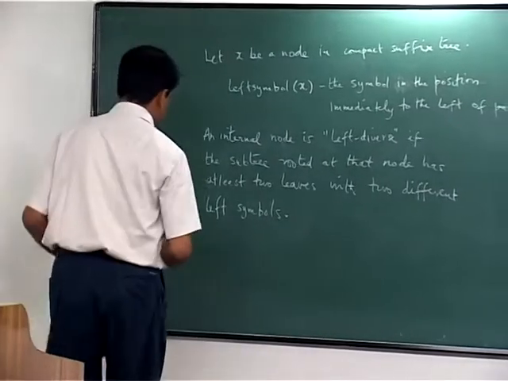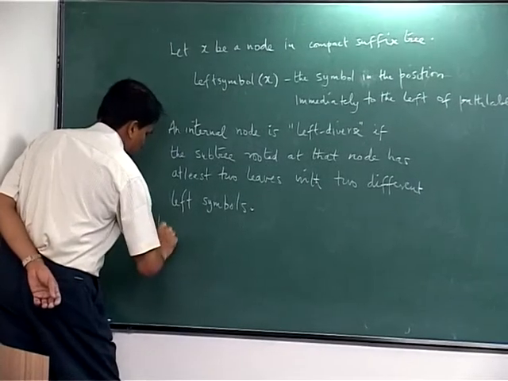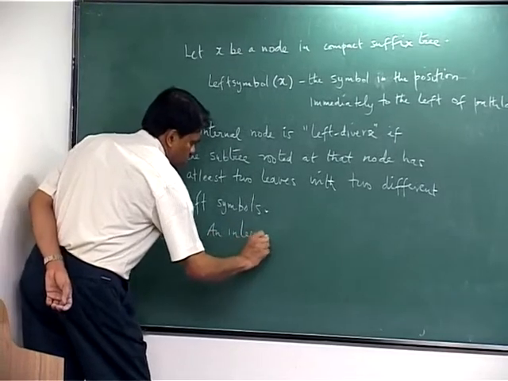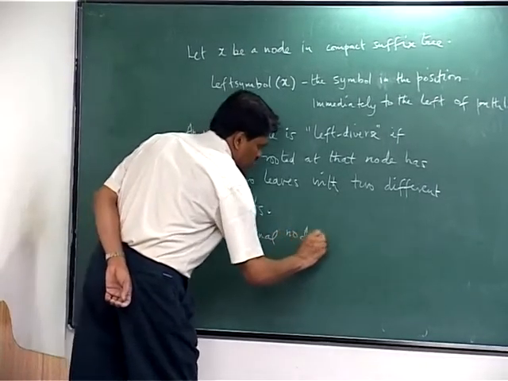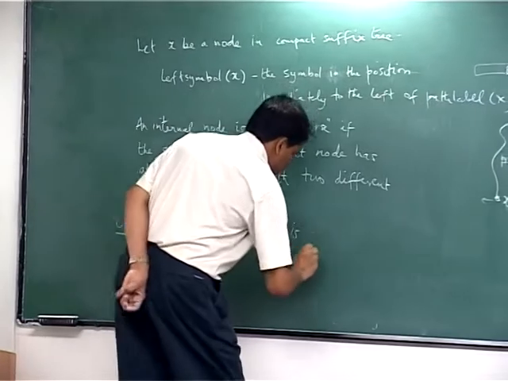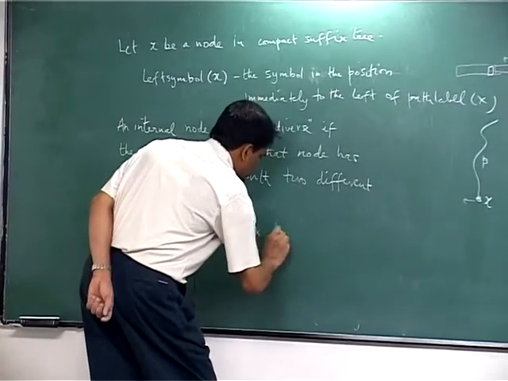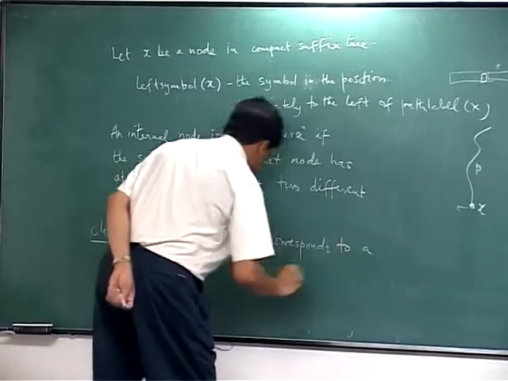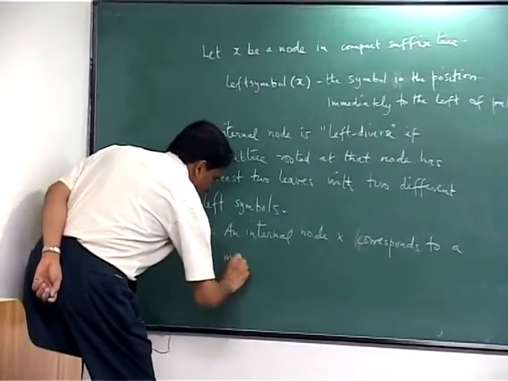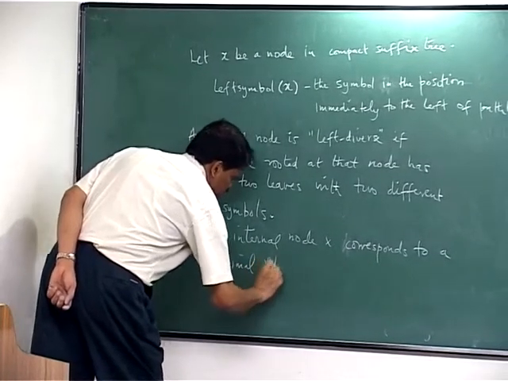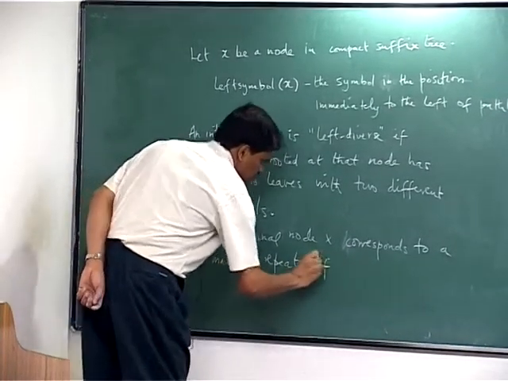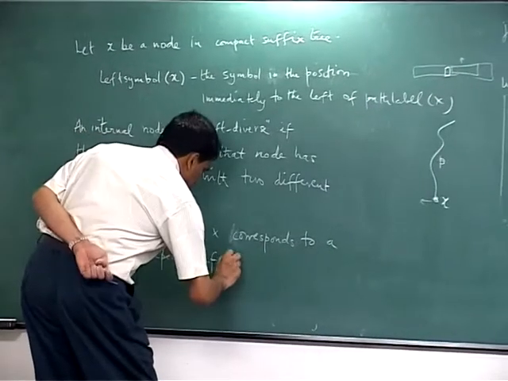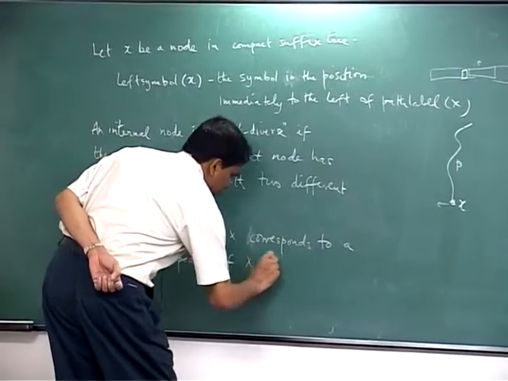So, the claim is that X corresponds to a maximal repeat if X is left diverse.